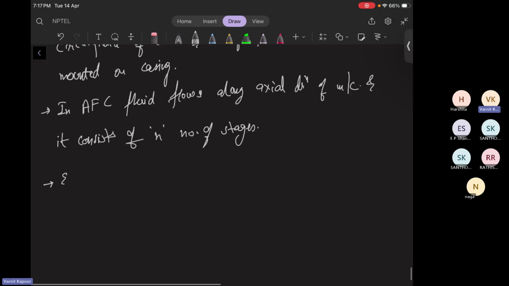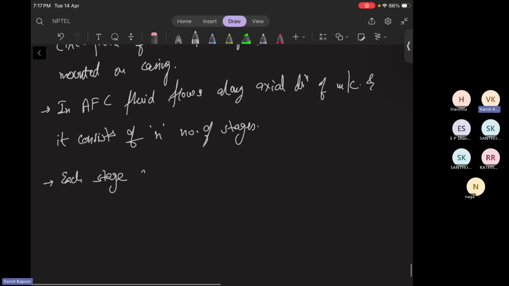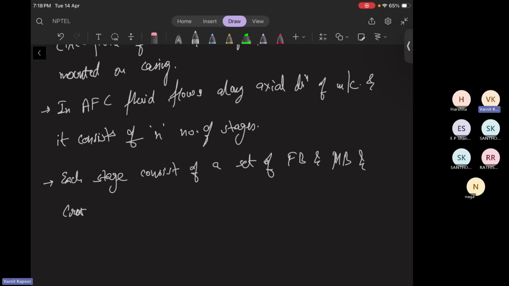Each stage consists of a set of fixed blades and moving blades, and the cross section between the blades is of a diverging type.